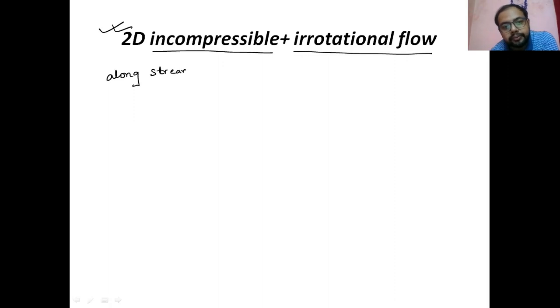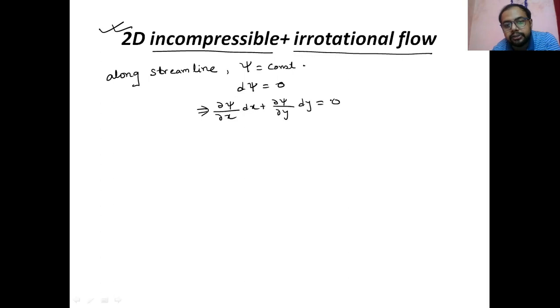we know along a streamline psi is constant. Sorry, psi is constant. So d psi is equal to 0. What is d psi? We have seen, d psi is del psi by del x of dx plus del psi by del y of dy, equal to 0.